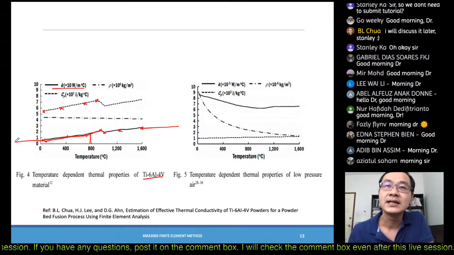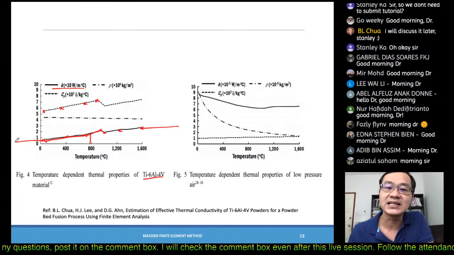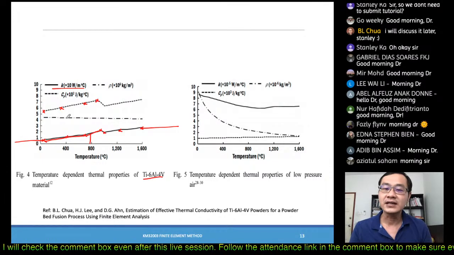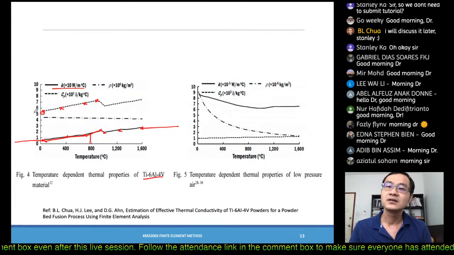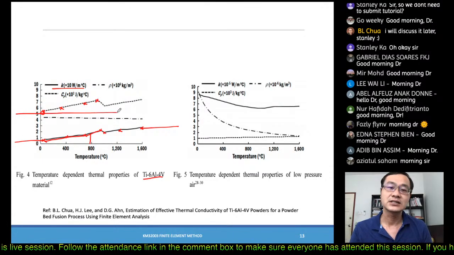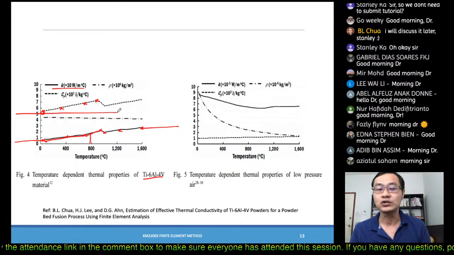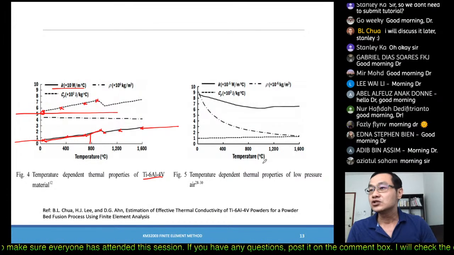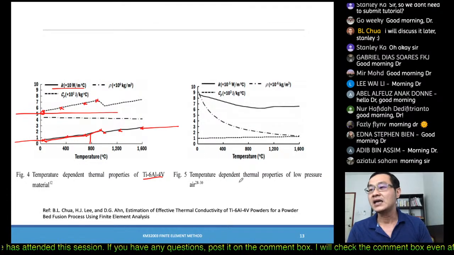This is a common interpolation method in FEA software. In general, if you only give one point, the software just treats it as a constant throughout the whole temperature range. So we can also interpolate for the other properties and so on.